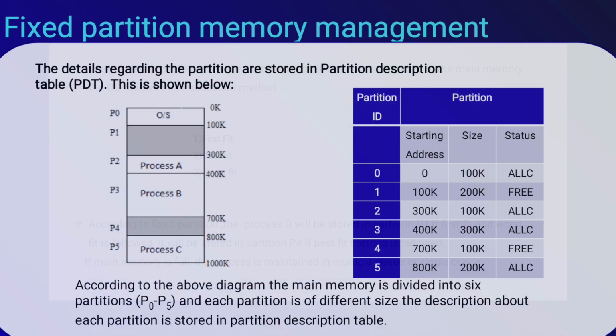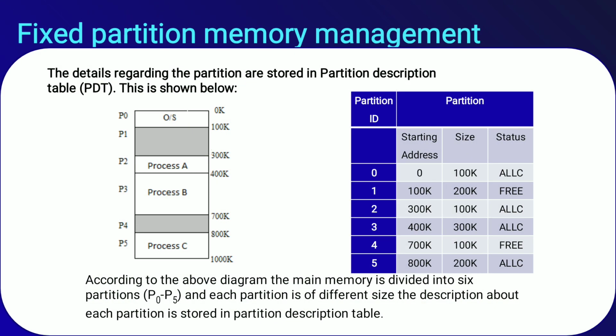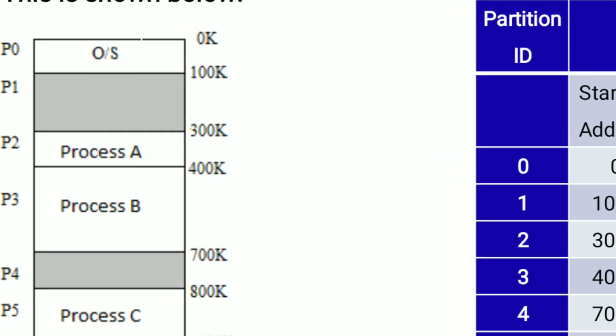In our example, suppose the file size is 80K, where will it get stored? It will always be stored in the first one, which is partition P1.